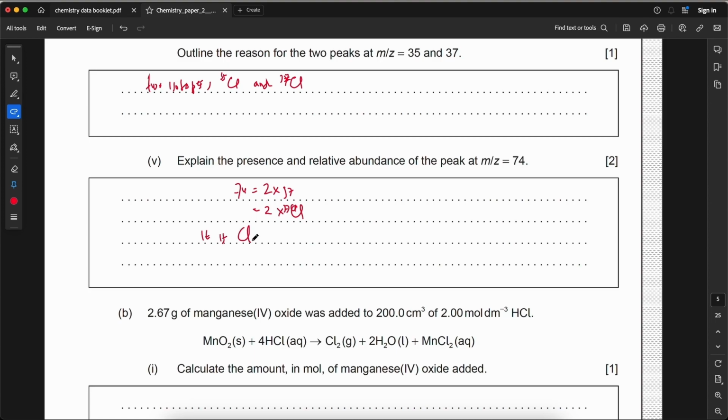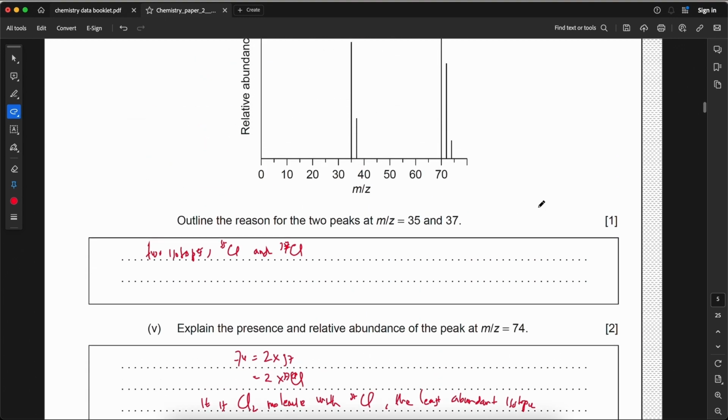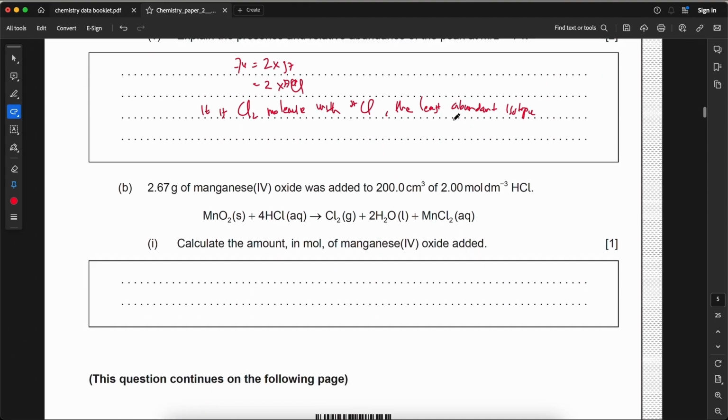So it is a Cl2 molecule with mass number Cl37. The least abundant isotope, as you can see on the picture, is very low.